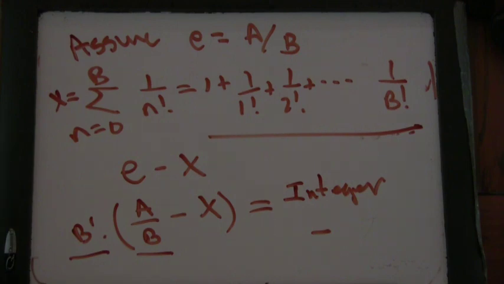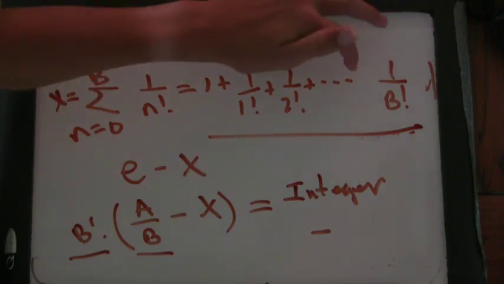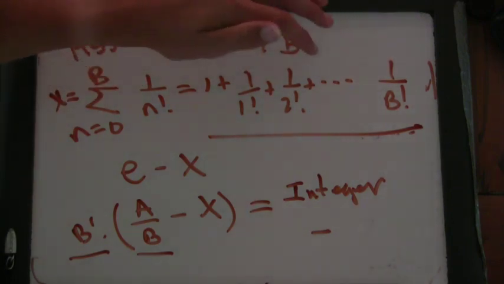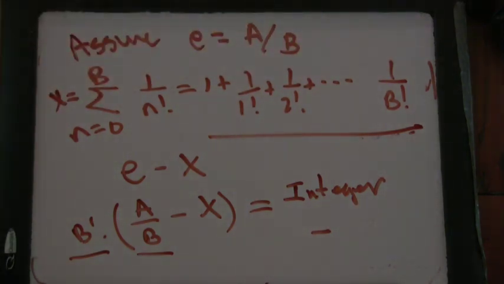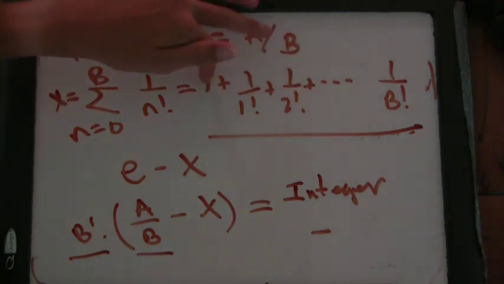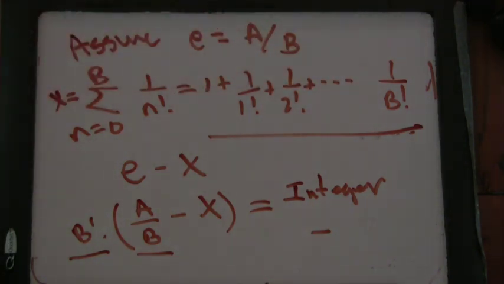But I guess you know the tops are going to go like, you're going to have 1 and then b minus 1, and then all the way down to b factorial.